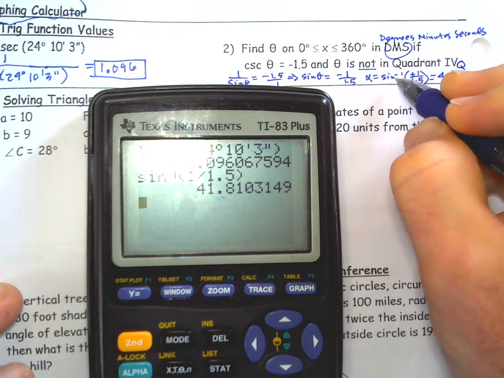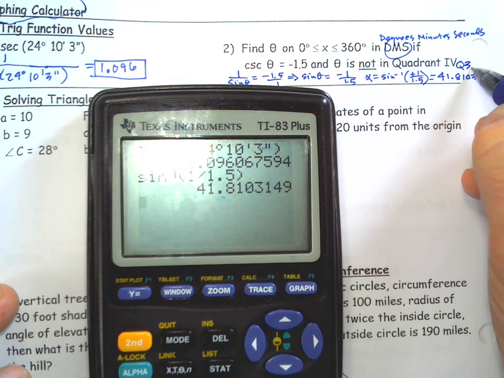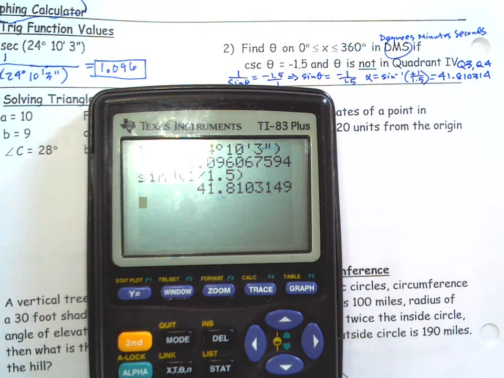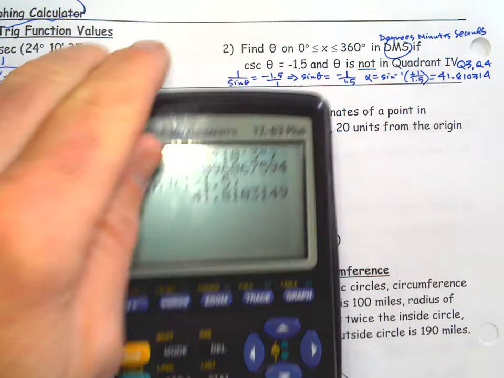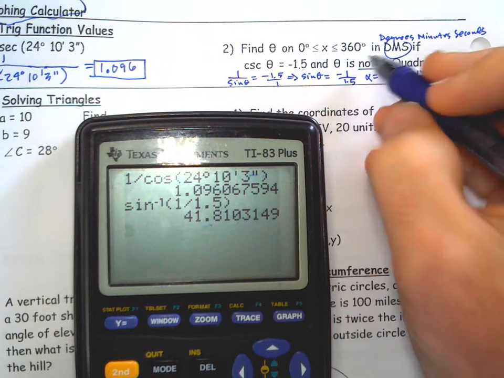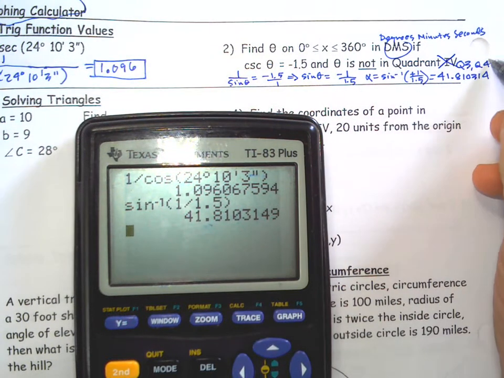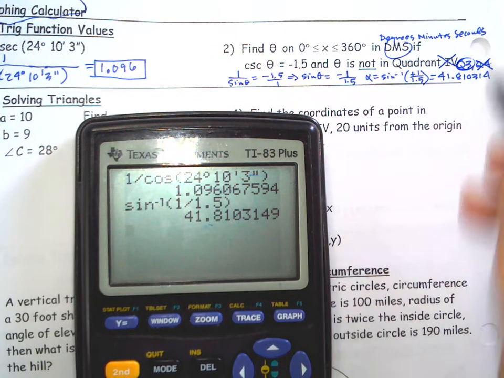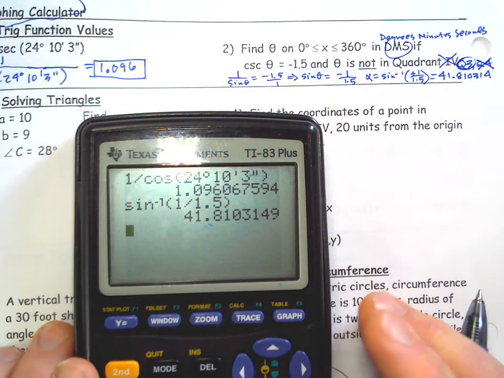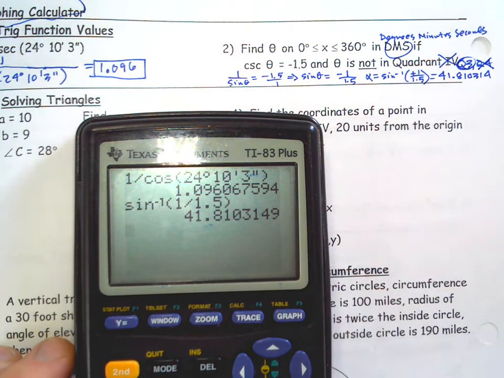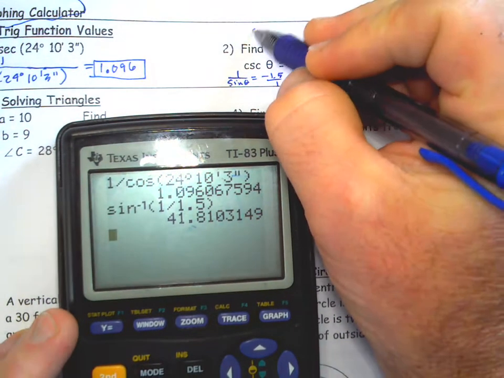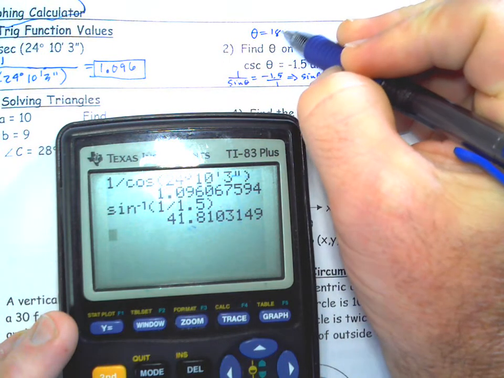Okay, now what quadrants are we in? When sine is negative, that's quadrant 3 and quadrant 4. Now, usually we would give 2 answers, like in the pretest, but it says not in quadrant 4. So this is going to narrow it down to 1 quadrant, quadrant 3. So the answer for theta in quadrant 3 is 180 plus alpha.